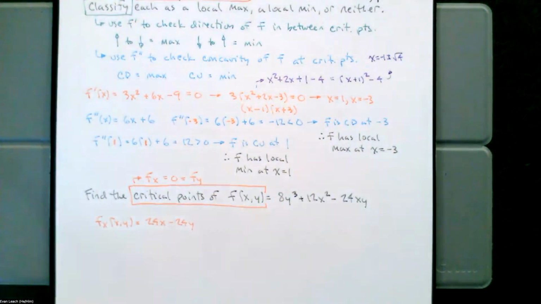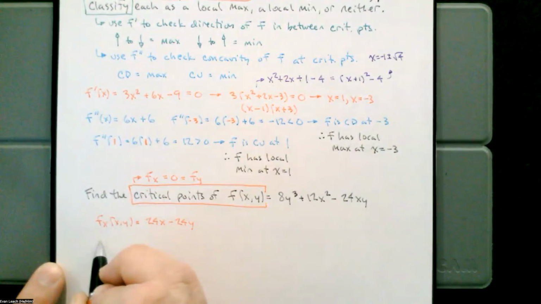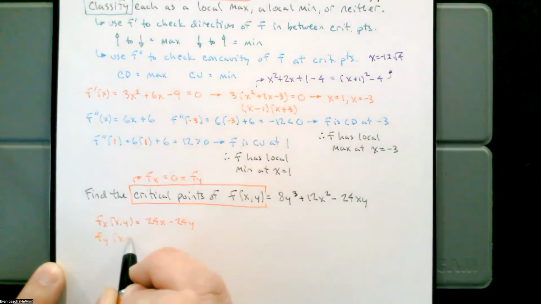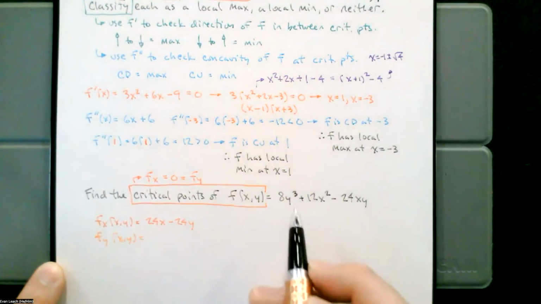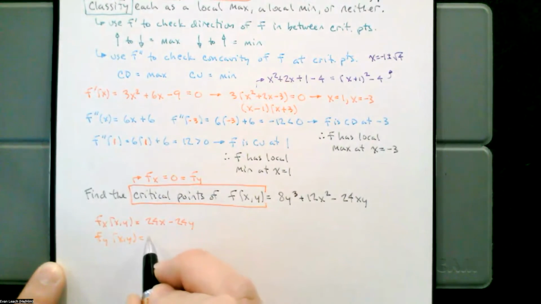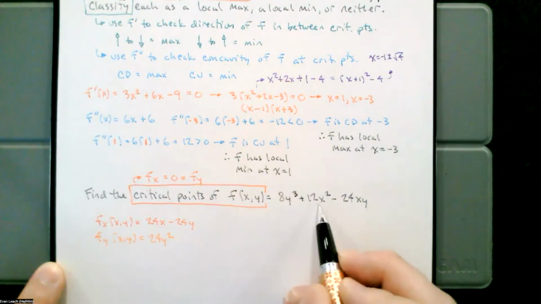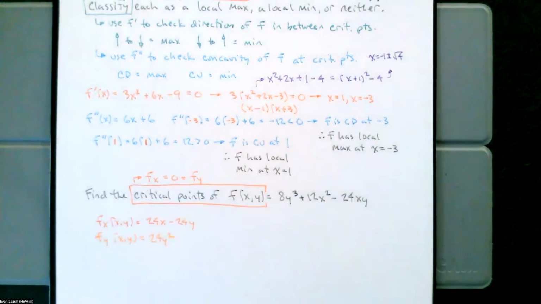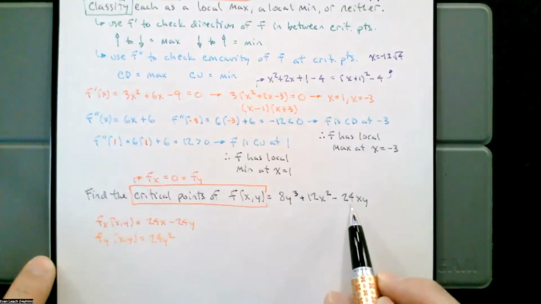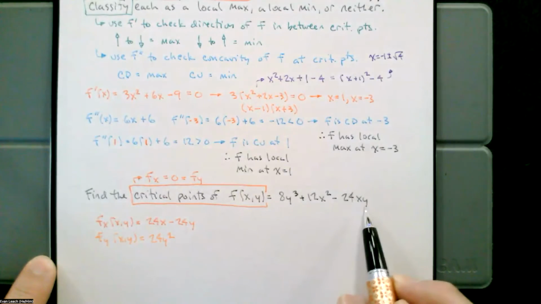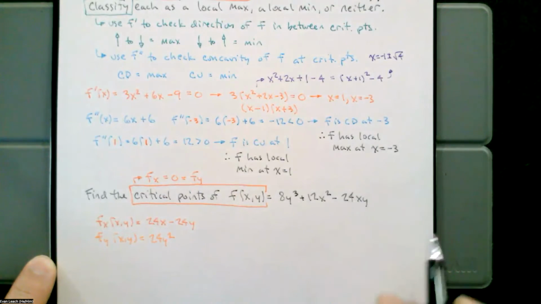For fy, the derivative of 8y cubed is 24y squared. The 12x squared is a constant term with respect to y, so the derivative is 0. And over in this term, the negative 24x is a constant factor with respect to y. It's being multiplied by y.